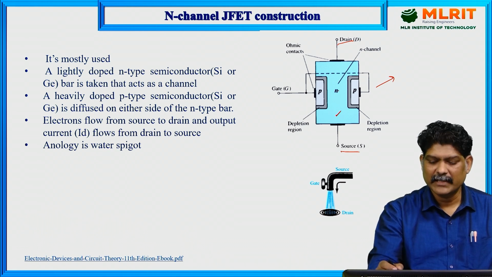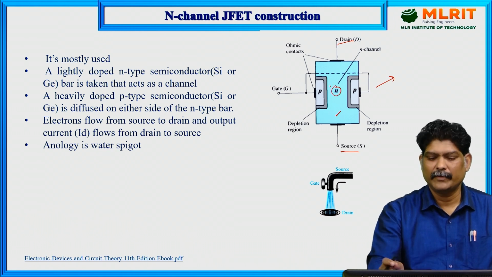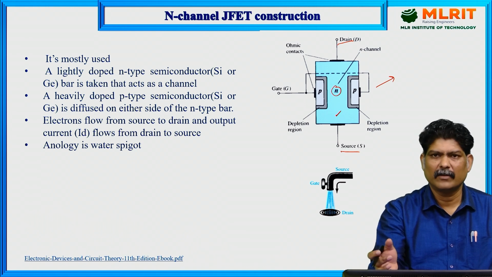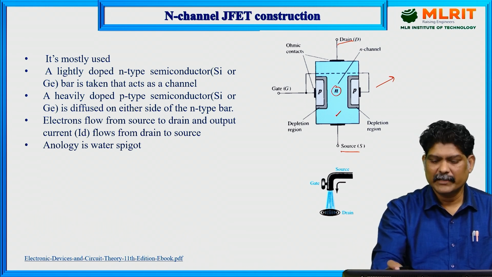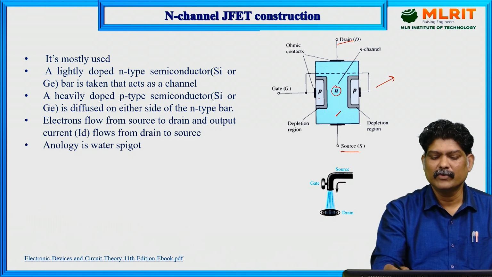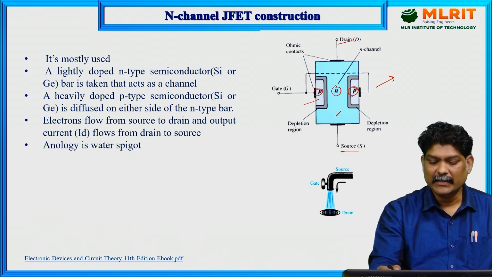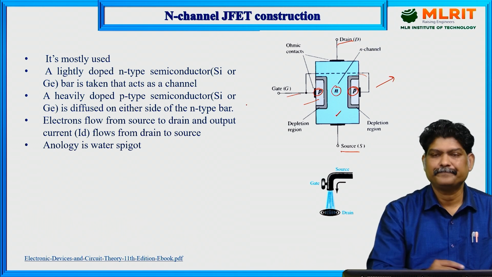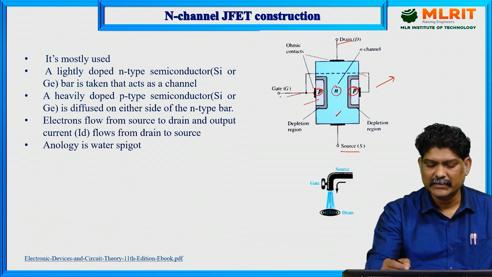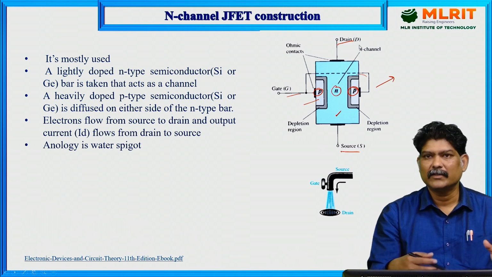So it acts like an N-channel. It is a lightly doped N-type silicon or germanium semiconducting bar. On either side of this, we diffuse heavily doped P-type semiconducting bars, and that forms the gate terminal. So these are the three terminals. And now, what are the two PN junctions?